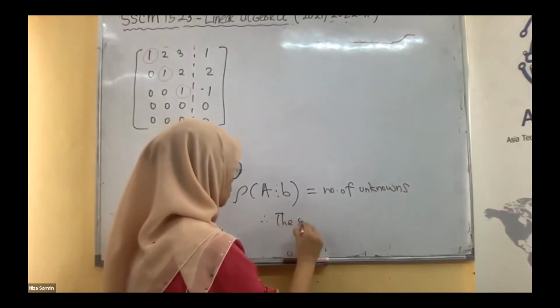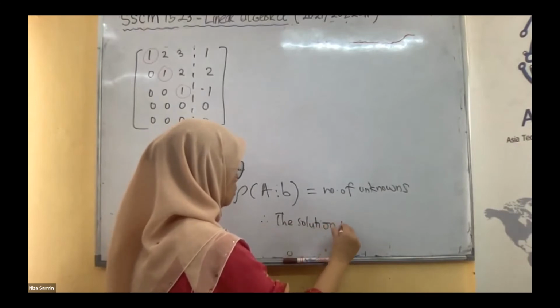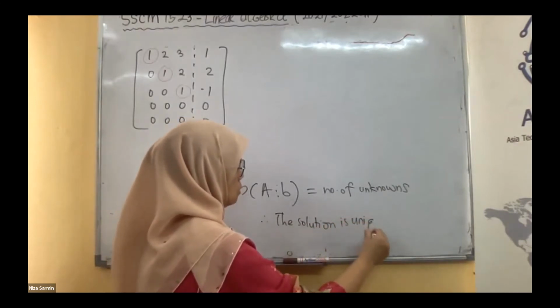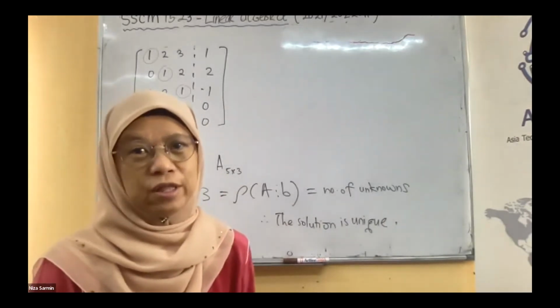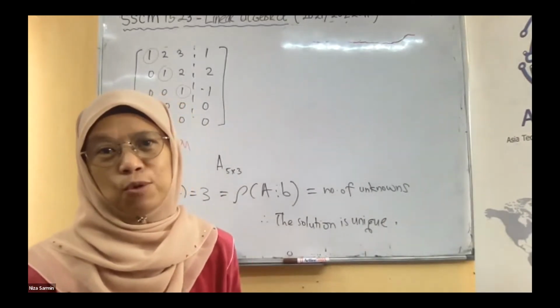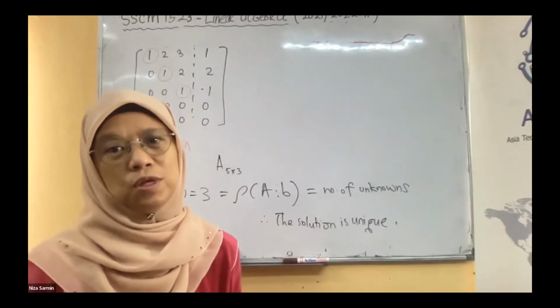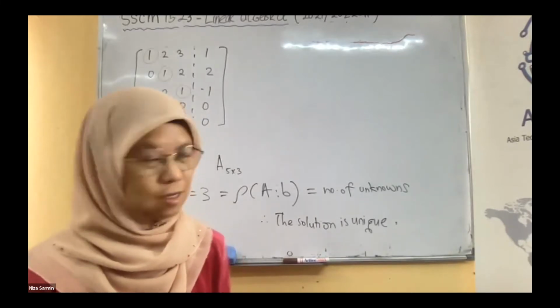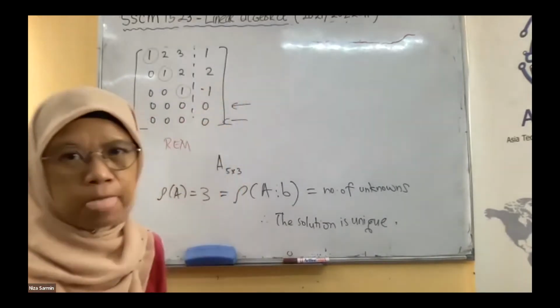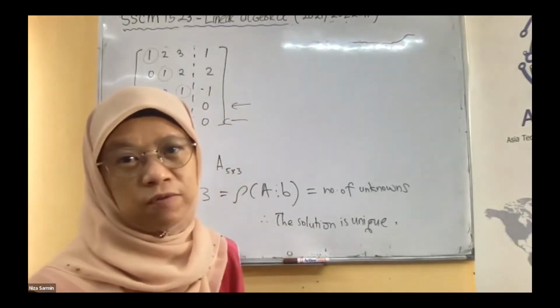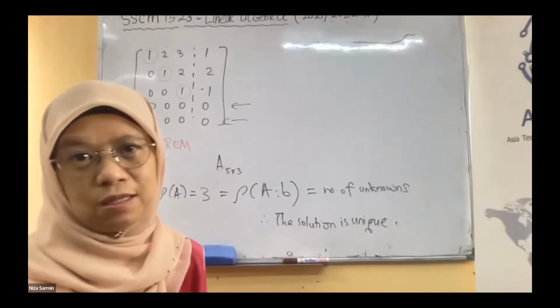So the solution or the answer is unique. You think that is too much, they're more than enough, but it can be unique because the extras are probably just a multiple of the others or a combination of the others.